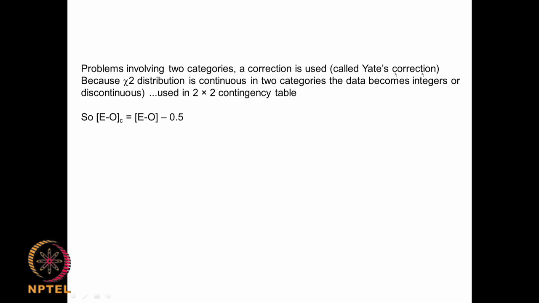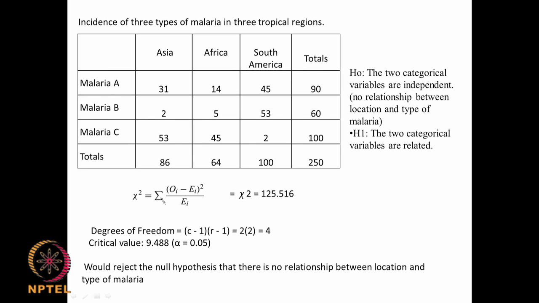This is called the Yates correction, where you calculate expected minus observed, then subtract 0.5 from that, after that you square it and then divide by expected. Normally we have observed minus expected squared, or expected minus observed squared, divided by expected.